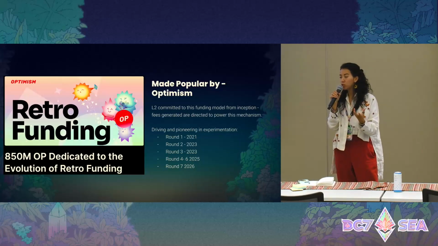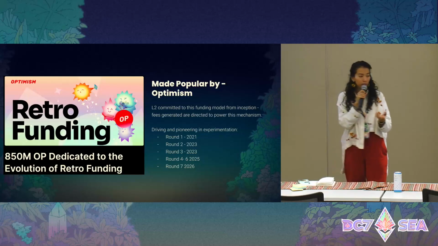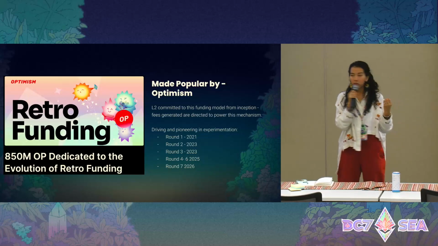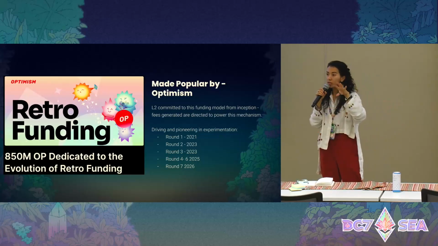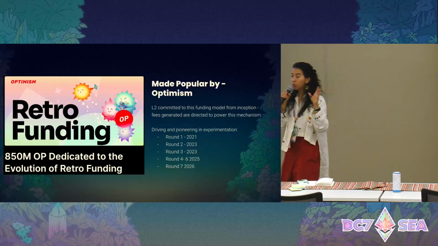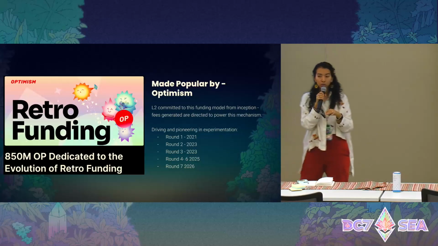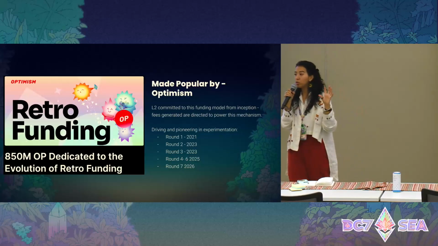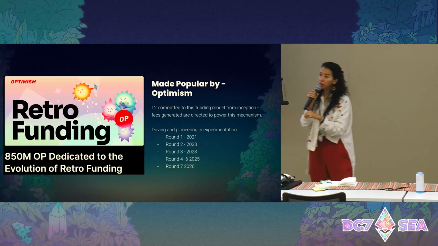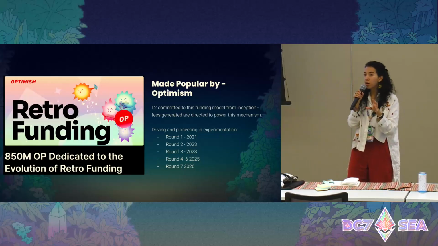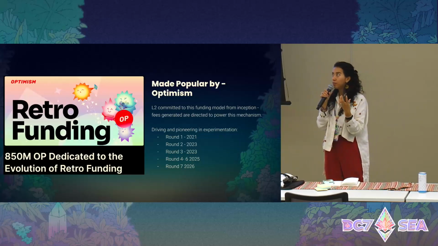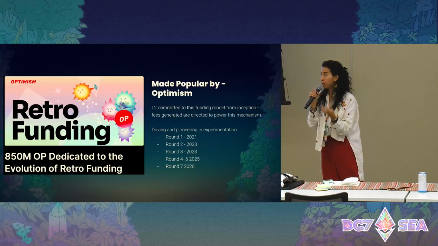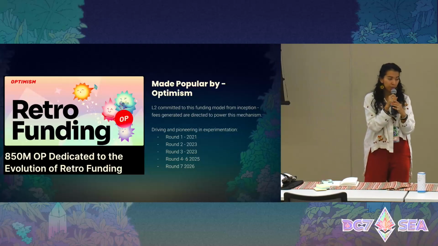From the moment in which Optimism minted its token, they decided that the fees generated by the sequencer were going to be directed to this mechanism, and they are going to be used to fund public goods and to fund projects that are providing an impact or benefits to the ecosystem.